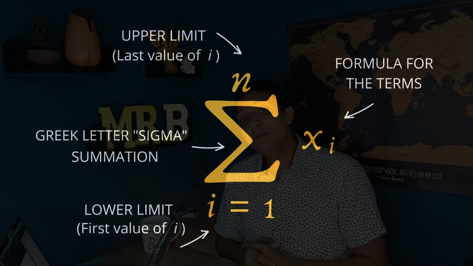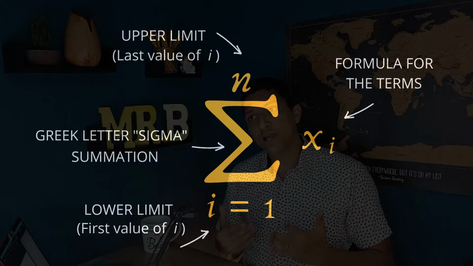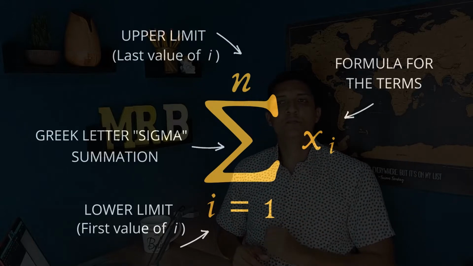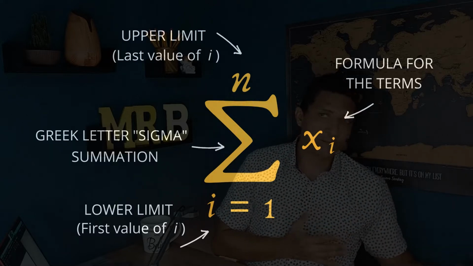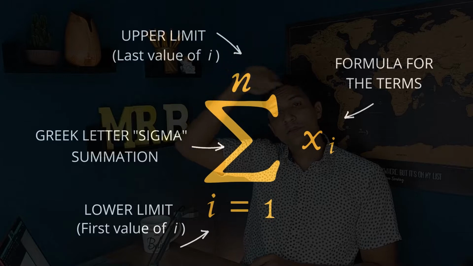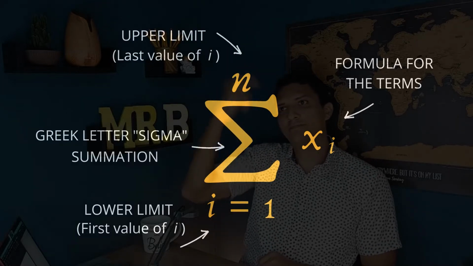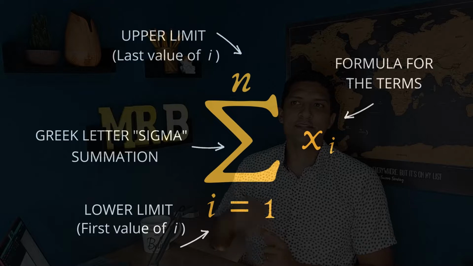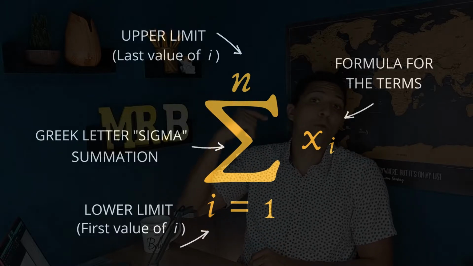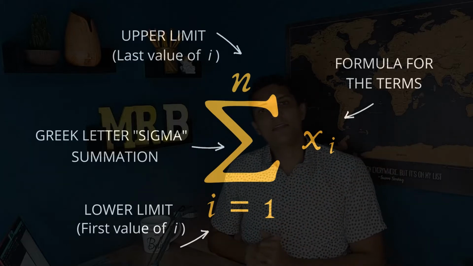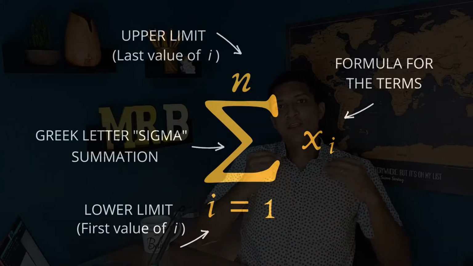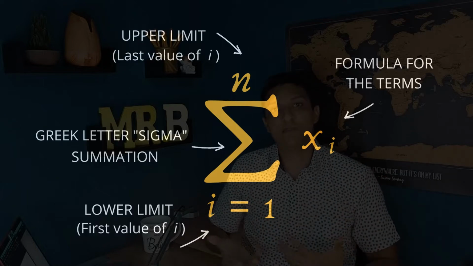For example, if the sum that we want is from the third term, what we're going to see in the value below is i equals 3. And on top of the sigma symbol, what you're going to see is the last term or the upper limit. Then, beside the sigma symbol, you're going to have the mathematical expression that we need to develop. Basically it is that. I think that is going to be clearer with a first example.